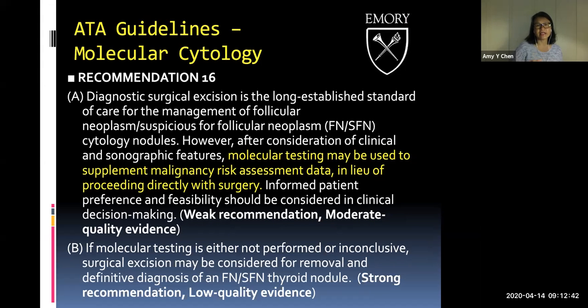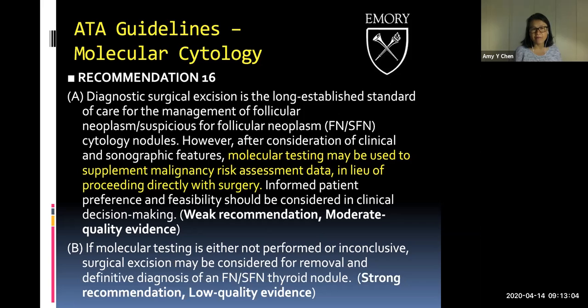So one thing that's come online and is becoming much more commonly available now is molecular cytology. What this means is that instead of just taking out the nodule, because that is what we used to do when I was in training, if you got anything other than a benign diagnosis, you would take it out.